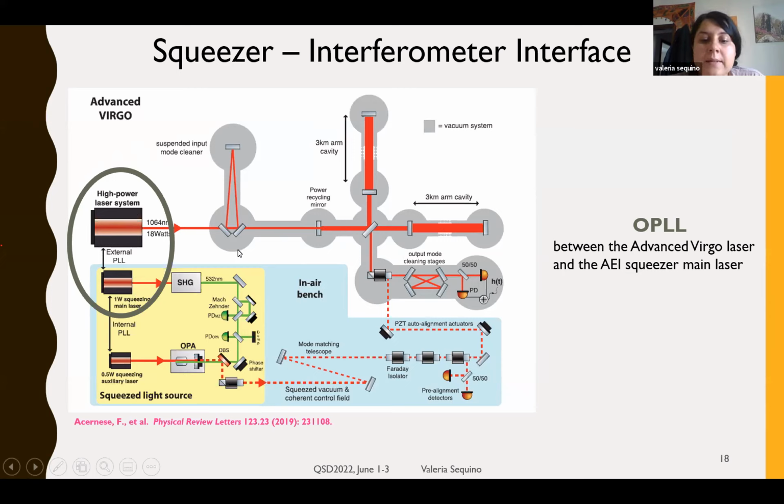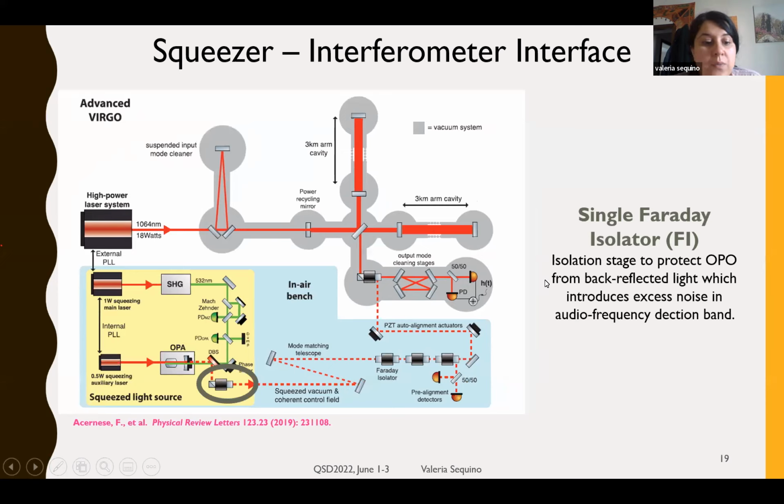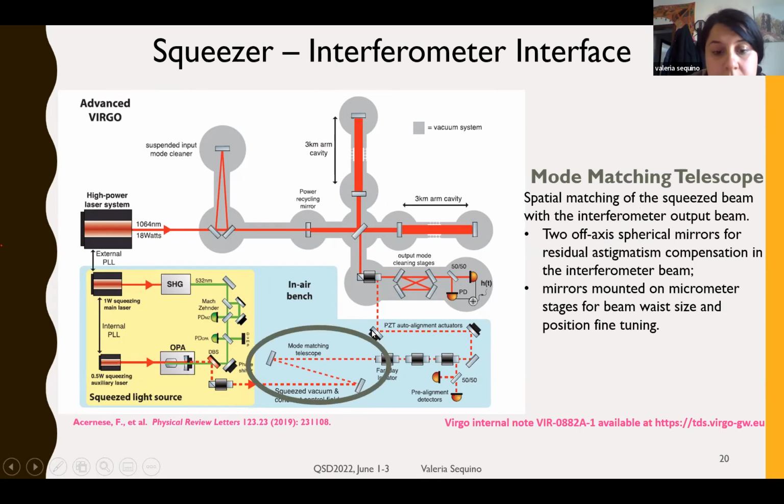Here we have a Faraday isolator, an isolation stage to protect the squeezing cavity from back-reflected light, which introduces excess noise in the audio frequency detection band. We have a mode matching telescope constituted by two off-axis spherical mirrors for residual astigmatism compensation, and the mirrors are mounted on micrometer stages for fine tuning of beam waist size and position.